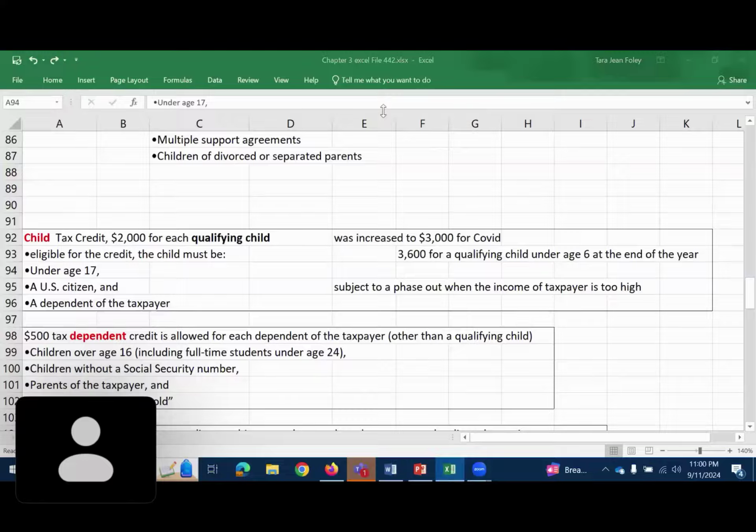Let's say there is a situation where a child may be a qualifying child to more than one person, right? They might be divorced. The person eligible to claim the qualifying child as a dependent, who will prevail? Let's say one of the persons is the parent. The parent will get the deduction, the credit for claiming the child on their tax return. What if both persons are the parents and the child lives with one parent?